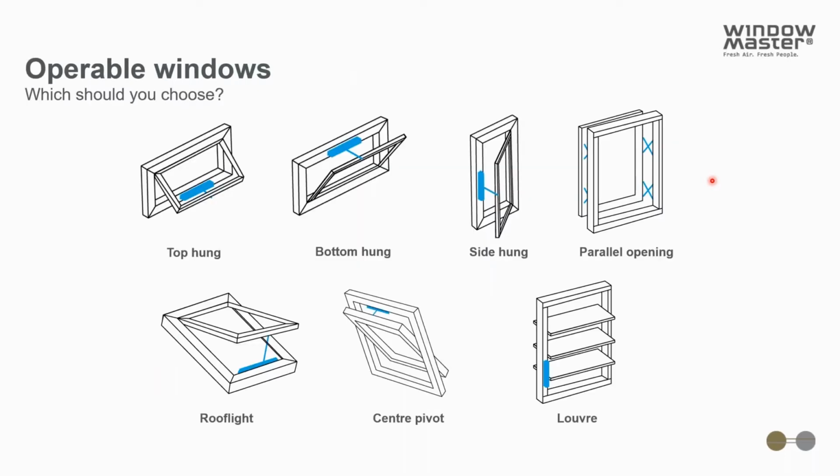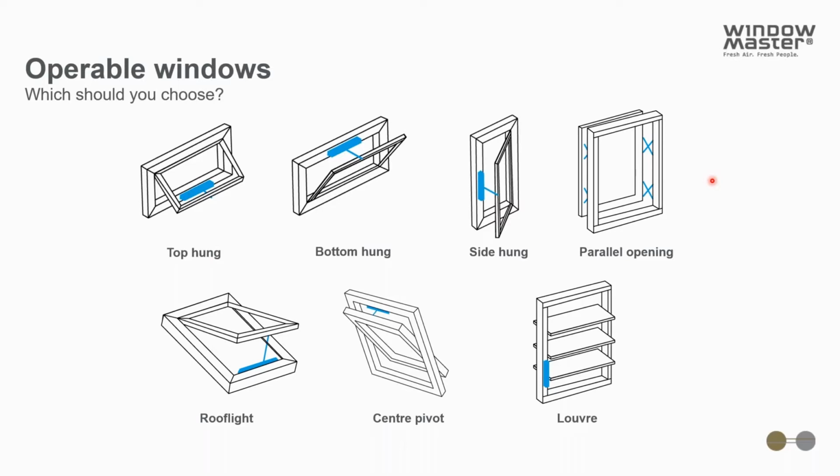There are many different types of operable windows that you can use in a natural ventilation design. As you might have noticed from the slides before, they all showed top-hung windows, because this is really the most common type of operable windows used for a natural ventilation system, closely followed by bottom-hung windows, because these types of windows are very great for precision control of the openings and can be very beneficial during colder conditions where you want to provide fresh air into an occupied space without causing draft.